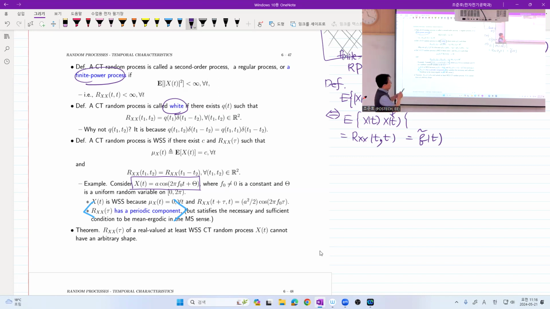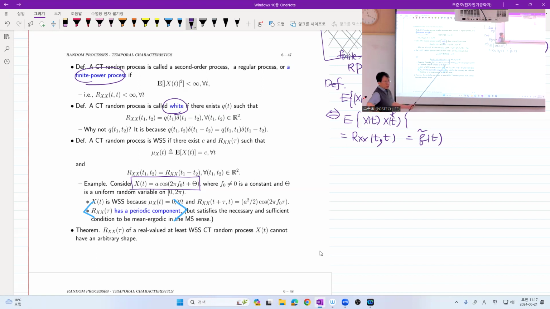So just think about the ensemble, which contains all the sample paths of this random process. Here, we intentionally fixed A and F0, which is non-zero, to make the situation more simple.